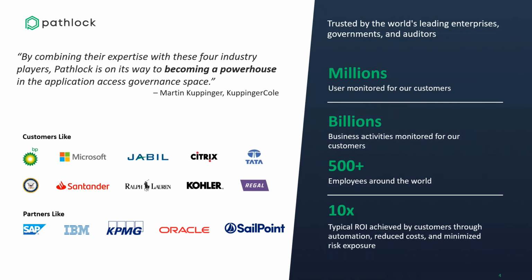The vulnerability scan engine is installed in more than 5,000 SAP systems. We have more than 500 employees around the world, and a 10 times typical ROI is achieved by customers through automation, reduced cost, and minimized risk exposure. So using our tools helps you dramatically to minimize your investment in controls and brings immediate results from the beginning.